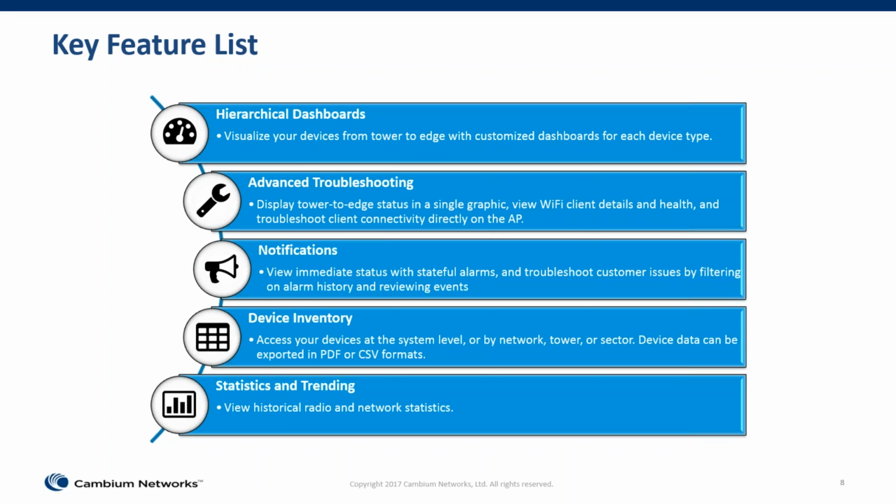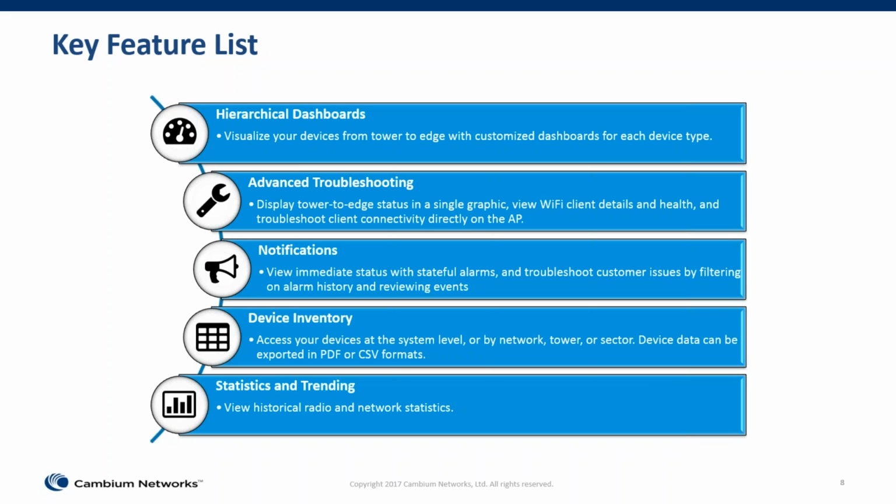Device inventory is basically your whole network inventory. You can do it at the system level, or if you choose a specific tower or sector, you can also pull the inventory for just that tower or sector through the device inventory function.